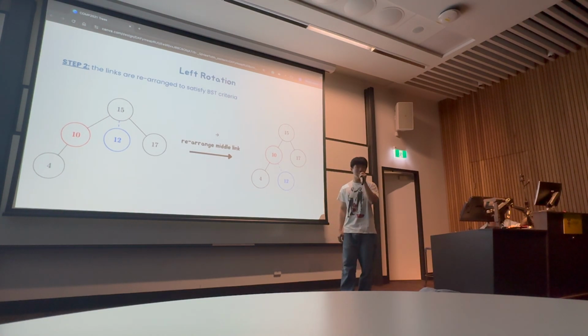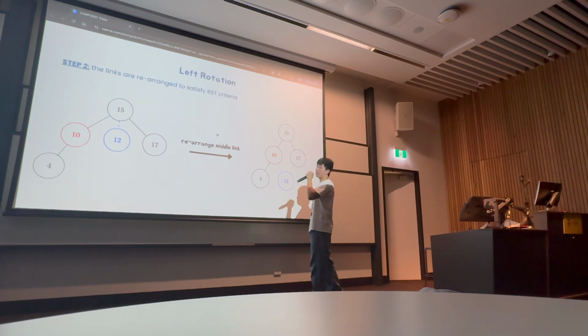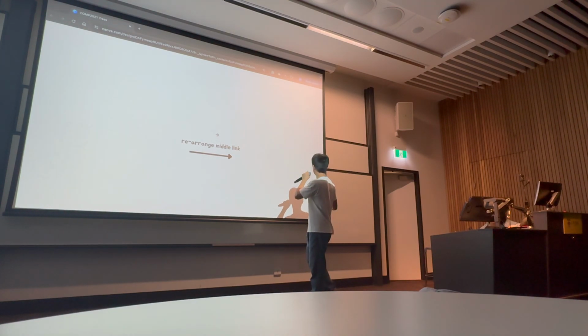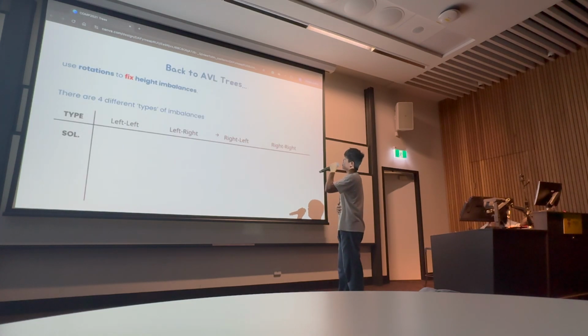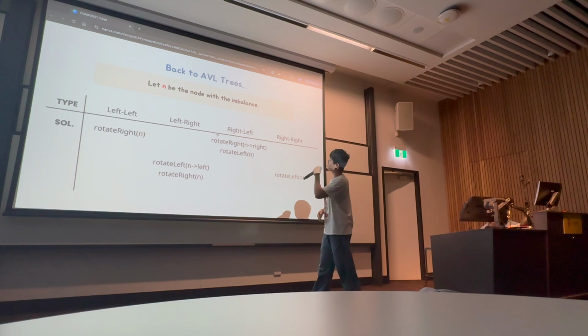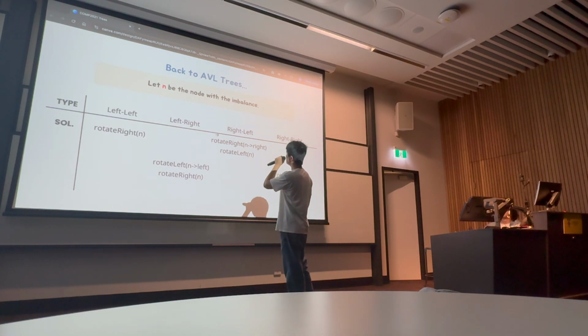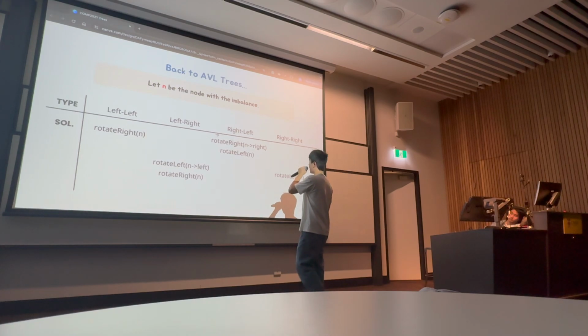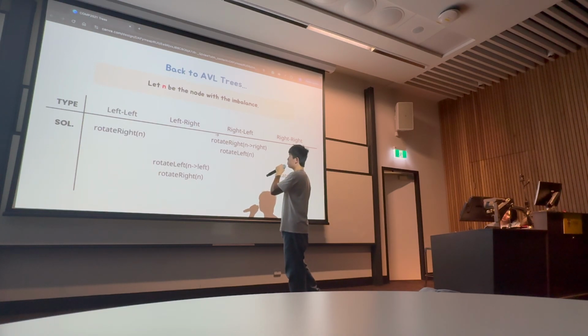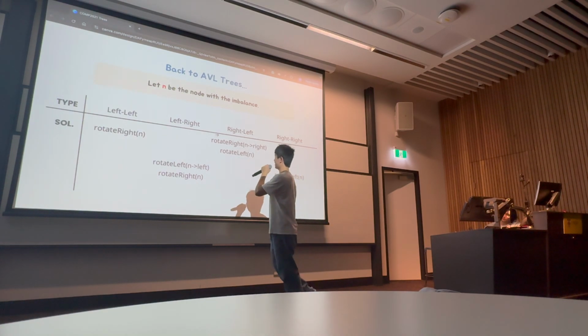However, sometimes when we're inserting stuff, it might take a combination of left and right rotations. Next slide. So these are the different combinations. Let's say we have a node with an imbalance called n, and we wanted to... well, I can talk about that later actually.